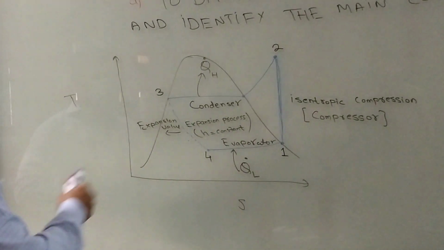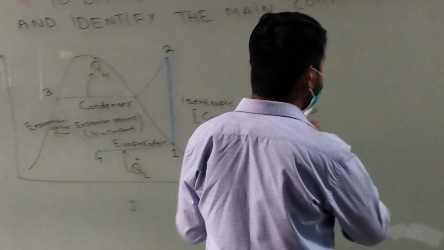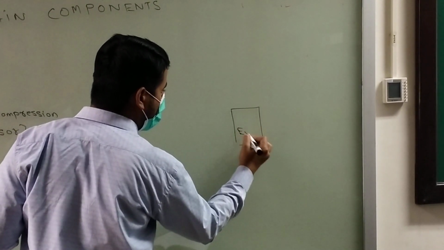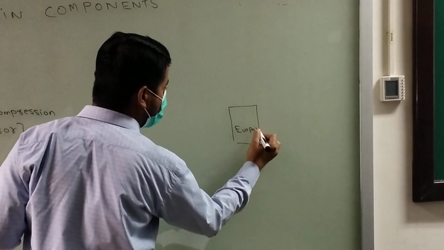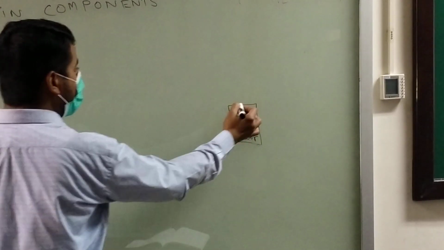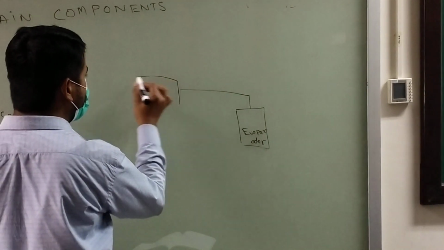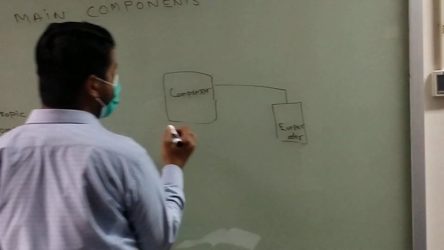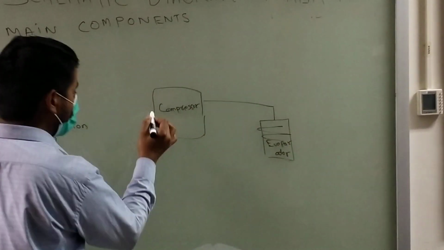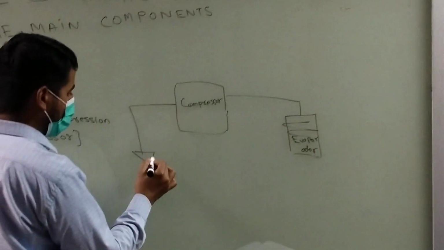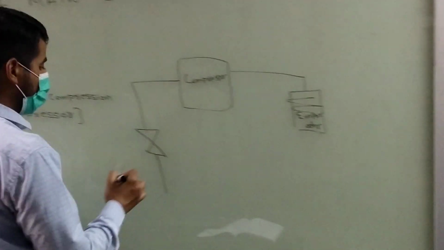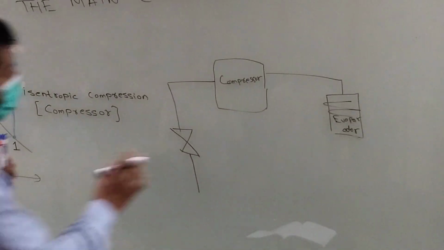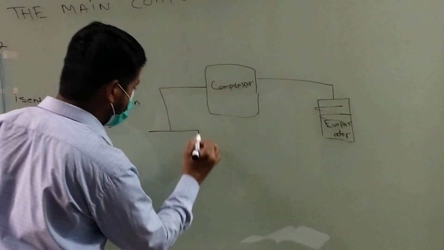So if I join these 4 components, the diagram can be drawn as, so there is an evaporator first of all, and then after evaporator we have compressor, and then after compressor we have the expansion valve, and then after expansion valve again, after compressor we have condenser.